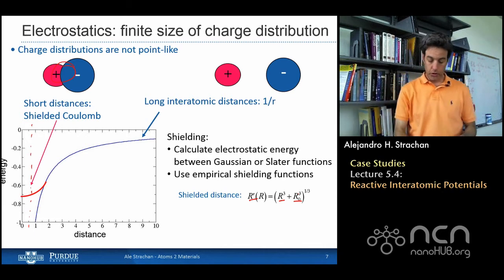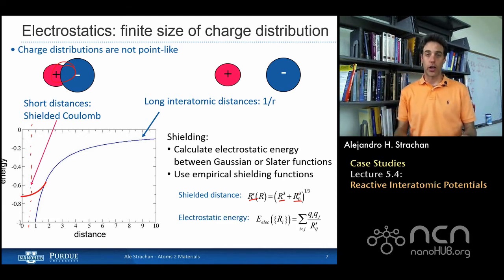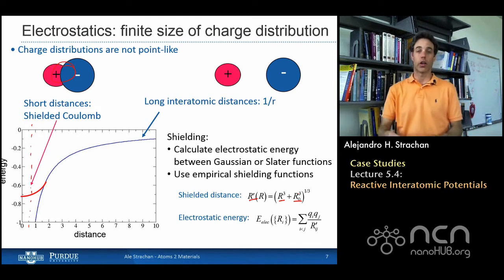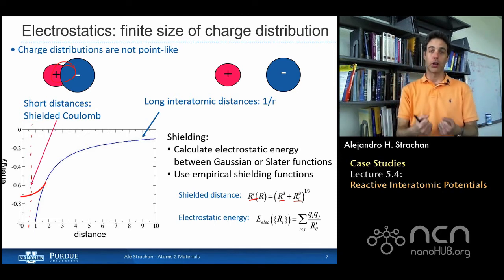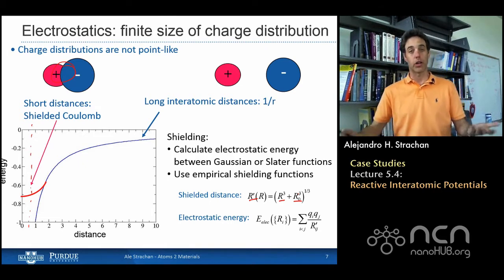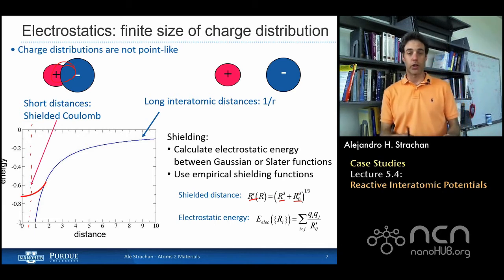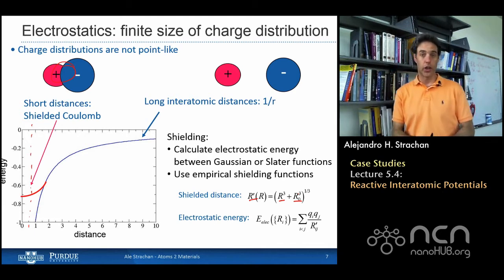So then what I simply do is compute the electrostatic energy using 1 over r, but instead of using the real r, I use the shielded r. And that makes sure that the potential does not go to negative infinity because r prime cannot go to 0. So that's a simple, computationally efficient way of dealing with shielding.